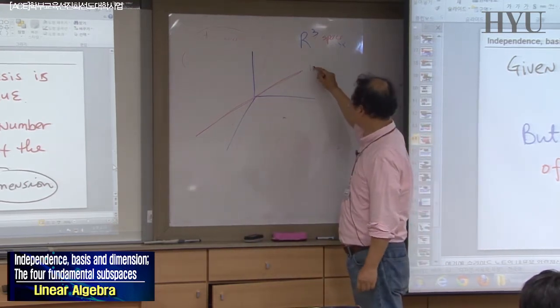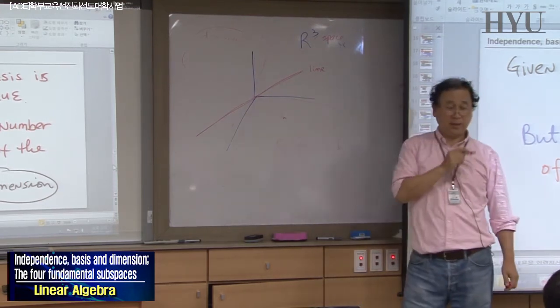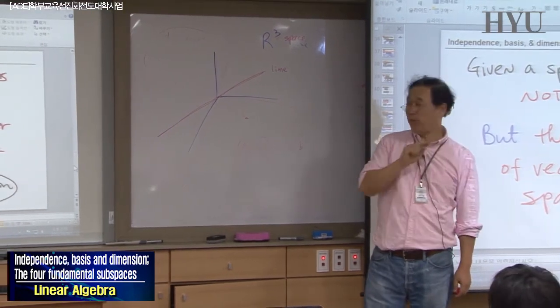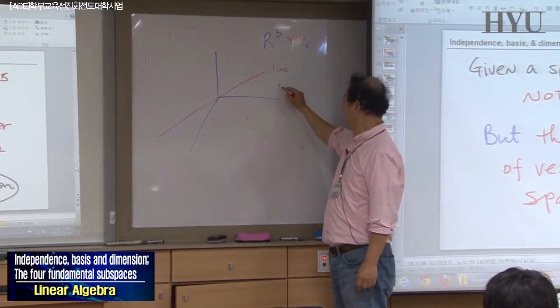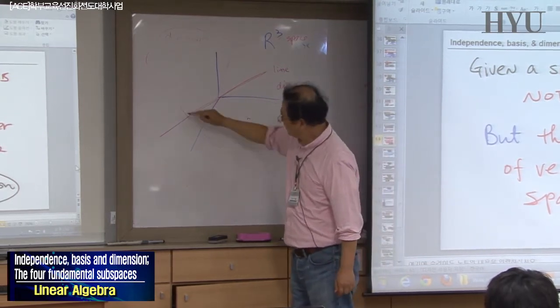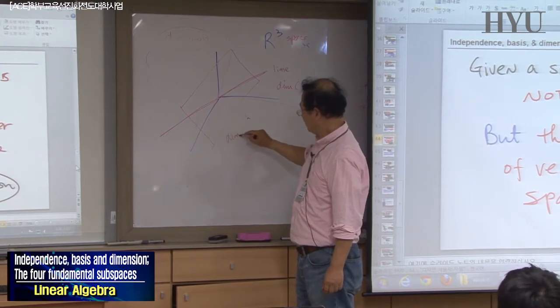What's the number of dimensions for this line? 1, right? The dimension is 1. And when you have a plane here, then the dimension is 2, right?